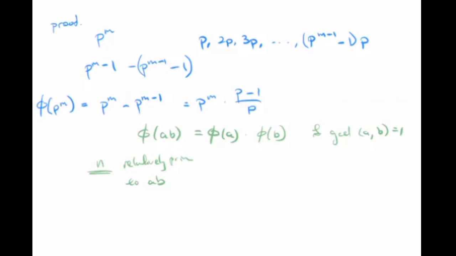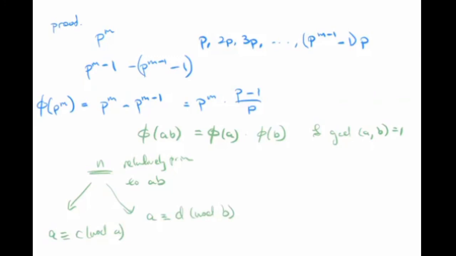And each N splits into, let's call them, C and D, mod A and mod B, since A and B are relatively prime.